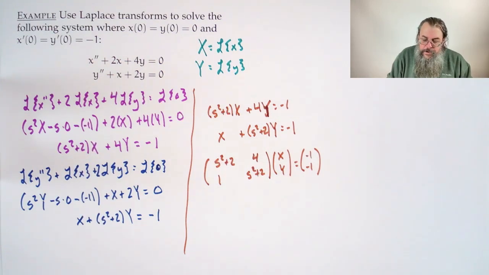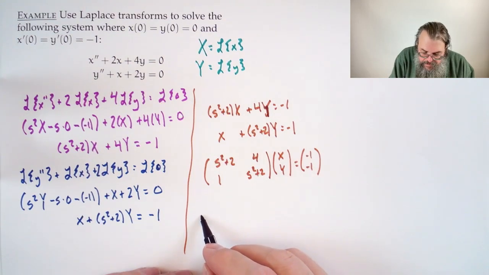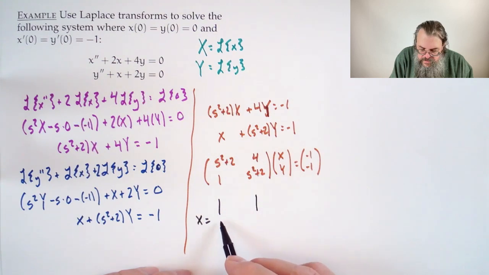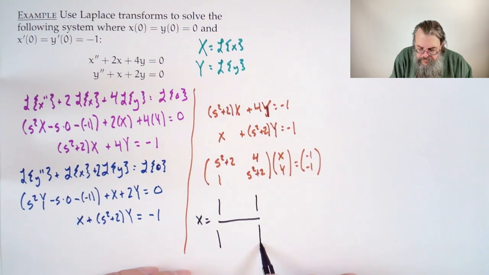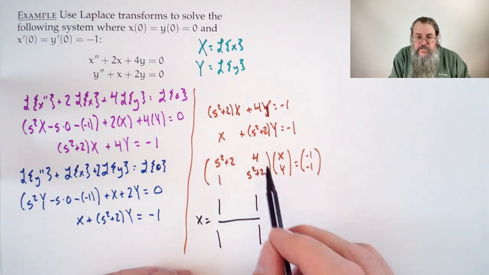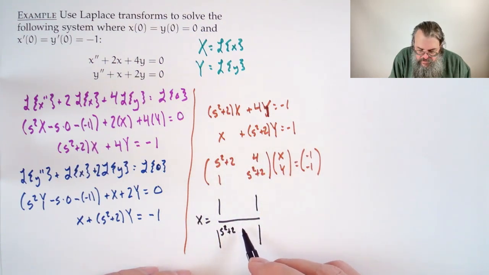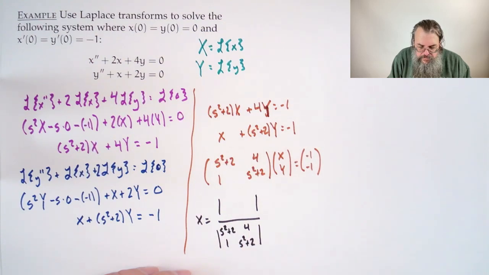Well, Cramer's rule says that capital X is the ratio of 2 determinants. Now, the determinant downstairs is this original expression. So you get our [s squared plus 2, 4; 1, s squared plus 2].